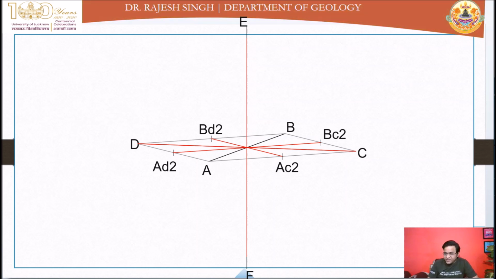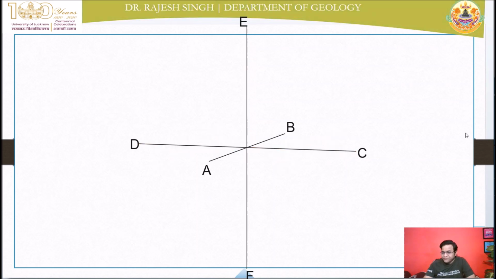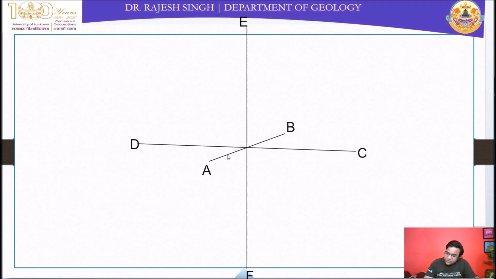There is another method of drawing the axes of the hexagonal system. For that, I am going to remove all these points. Now in the second method, you need to determine the midpoints of the positive and negative sides of the A1 and A2 axes only, not A3. So mark the midpoints.